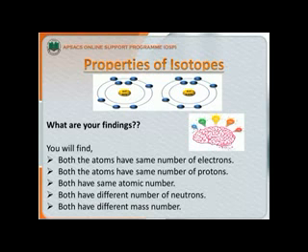That means they have different numbers of neutrons. It results in different atomic mass, or you can say different mass number, due to the difference in their number of neutrons. And this is the definition of isotope, as well as these are the properties of an isotope.